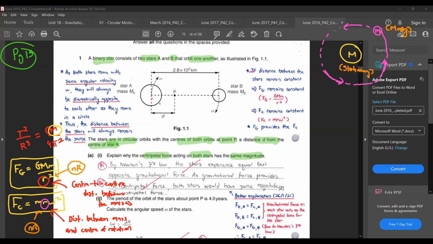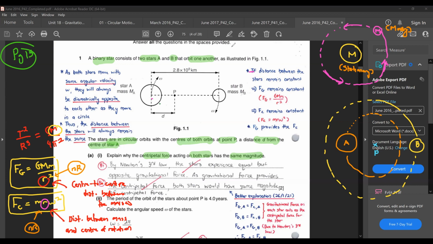So to illustrate what I actually mean by that, you have star A and star B. One part they tell you star A is moving in a circle about point P. You also have another star, that one is star B, but it's also moving in a circle.